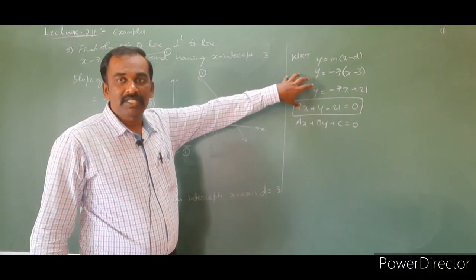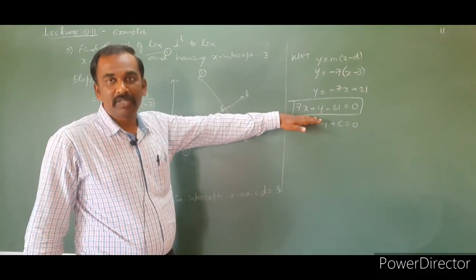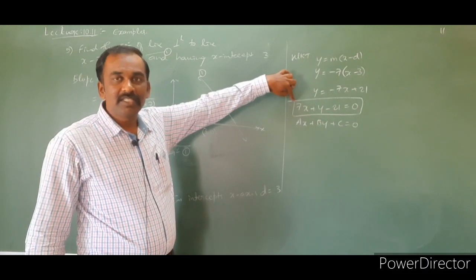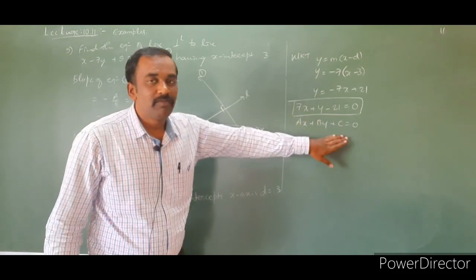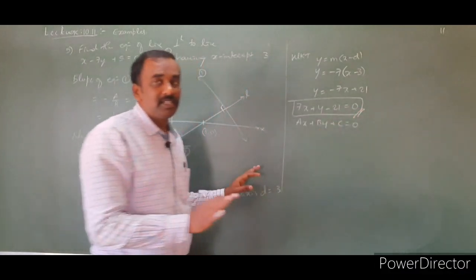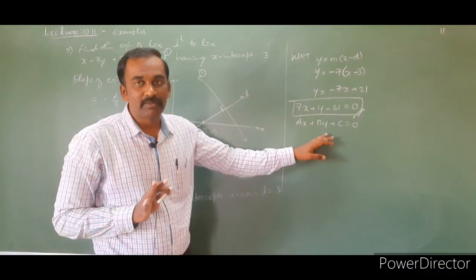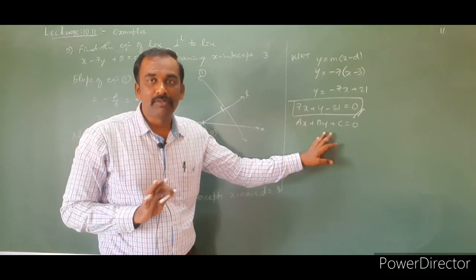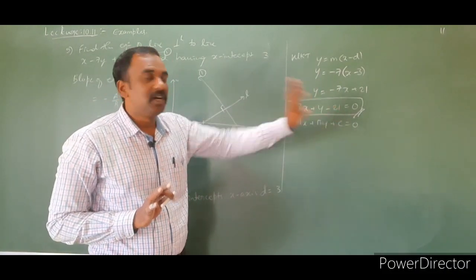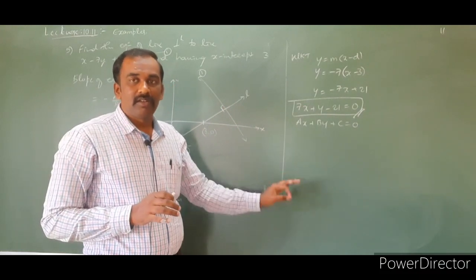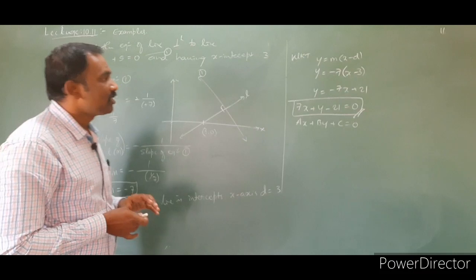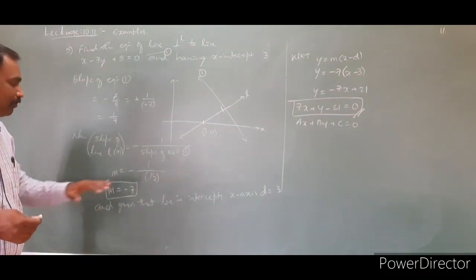While solving the first exercise, you don't know about the general equation of the line, so I suggest you always keep the x coefficient positive. Always write the required line equation in the general form. Now you got the point. This is how we have to solve the problem.